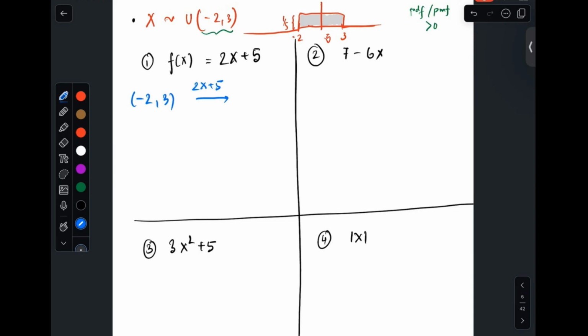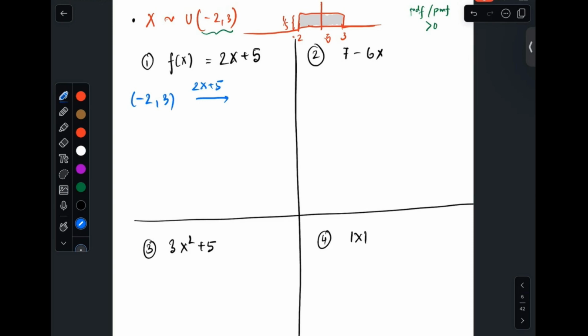You can understand 2X plus 5 is a linear function, it's bijective. It has a positive slope, so nothing is inverted. If it was a negative function like minus X, (-2, 3) would have gone to (-3, 2), but here 2X is positive, so everything remains the same.